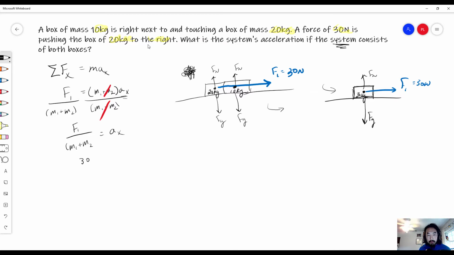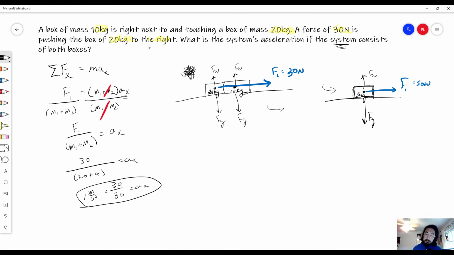We have 30 to the right divided by 20 plus 10, which is 30 by the way, equals a sub x. So 30 divided by 30 gives us an acceleration of 1 meter per second squared, positive because it's accelerating to the right. That's how the system as a whole is accelerating.